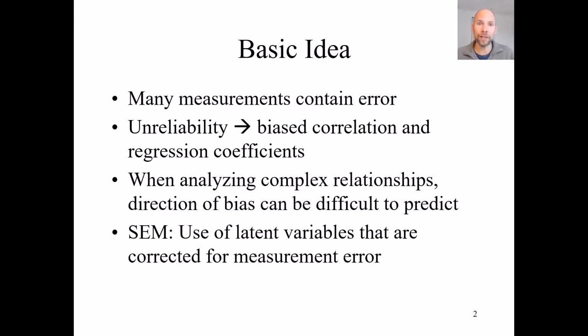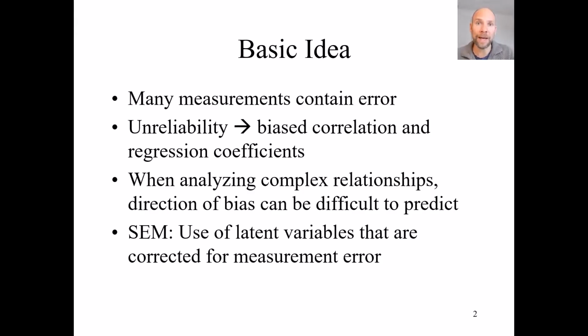And so in structural equation modeling, we address this issue of measurement error by introducing latent variables that reflect true score variance. So we can define latent variables through measurement theory, as we will see, in such a way that these variables are connected to our observed variables and represent, so to say, error-free versions or error-corrected versions of the observed variables.